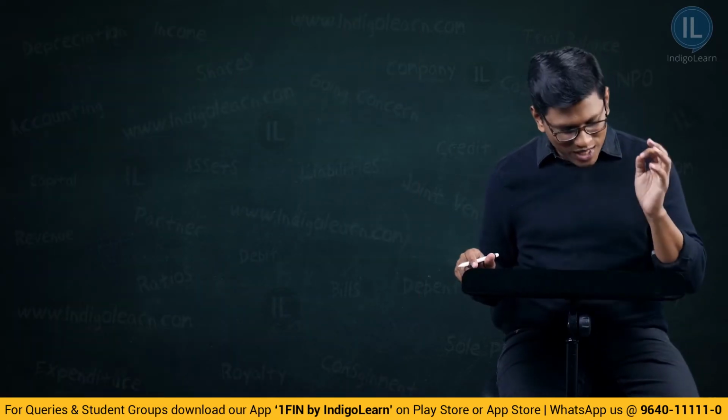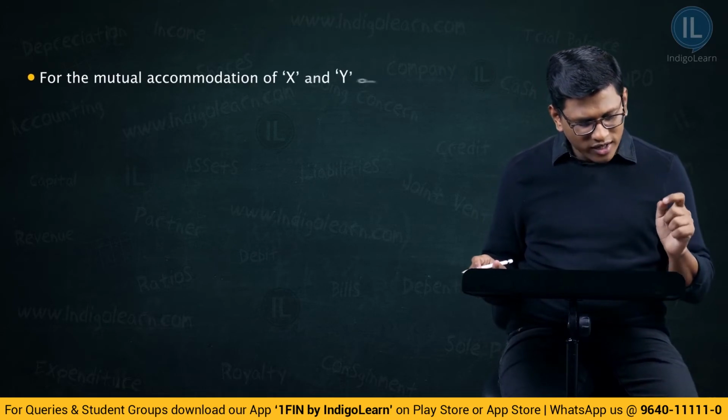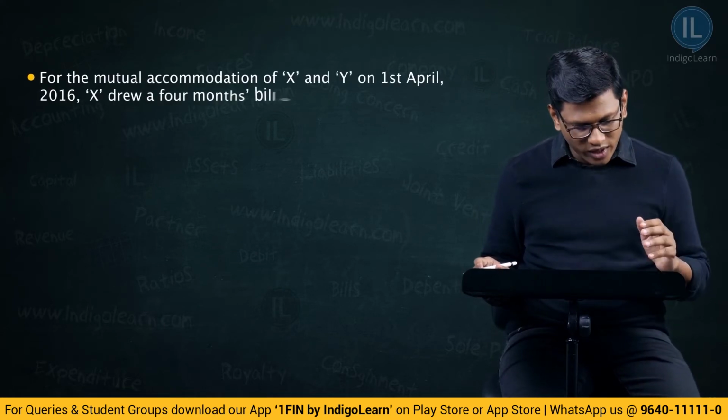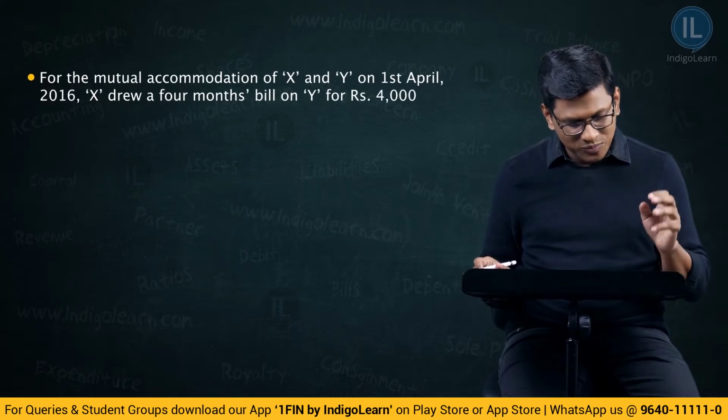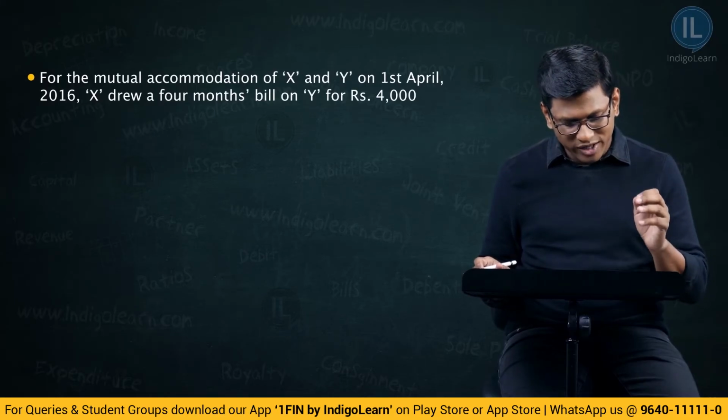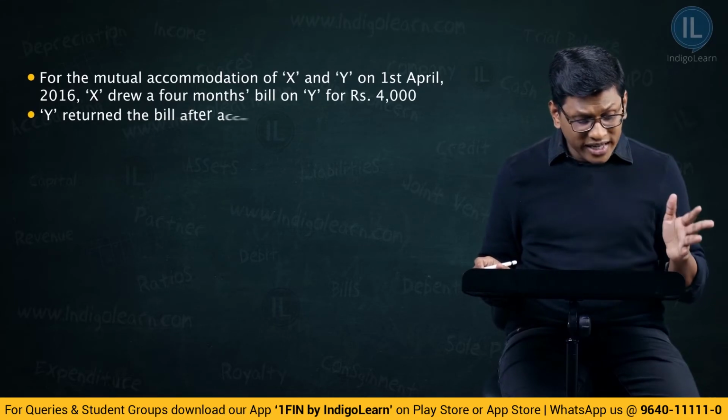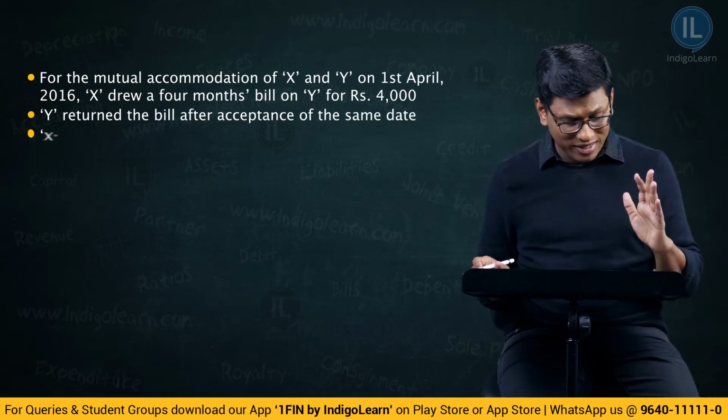Now, let us look at another super interesting problem. So, look at this question. For the mutual accommodation of X and Y on 1st April 2016, X drew a 4 months bill on Y for 4,000. Y returned the bill after acceptance on the same date.